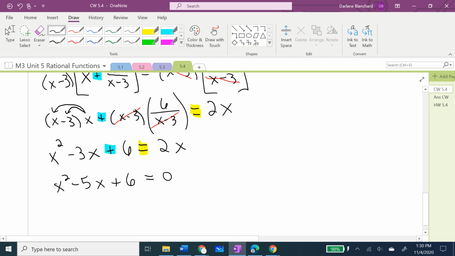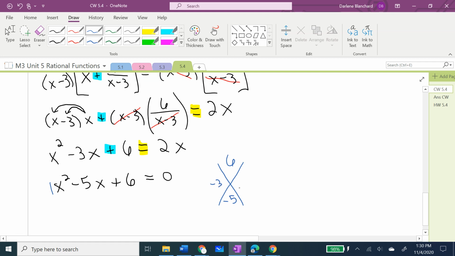And now it's factor time. Yay! I was looking forward to factor time. It's what I live for. A times C gives me 6. B is negative 5. What two numbers multiply to give me 6, but add to give me negative 5? Multiply to give me 6, but add and give me negative 5. Yay!